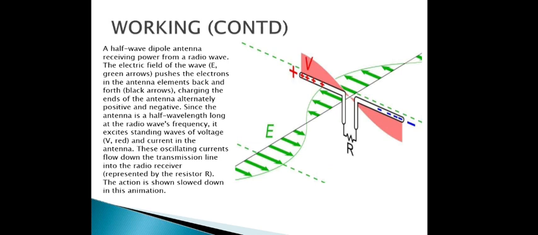The green arrows indicate the voltage, maximum in the plus direction and in the minus direction. So the voltage and current in the antenna, these oscillating currents, flow down the transmission line into the radio receiver, which is represented by the resistor R here. This action is shown in this figure.